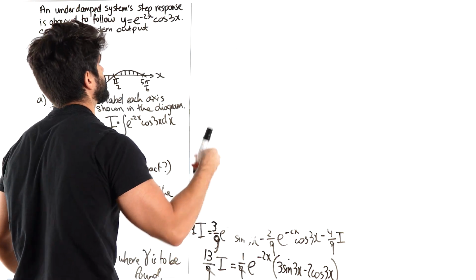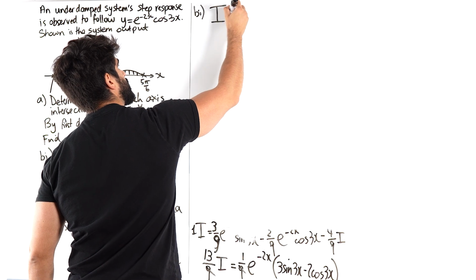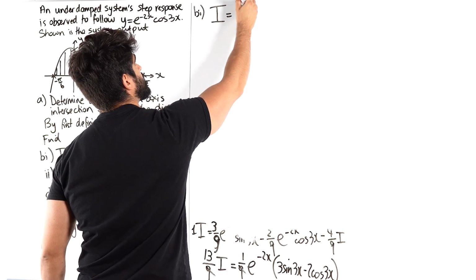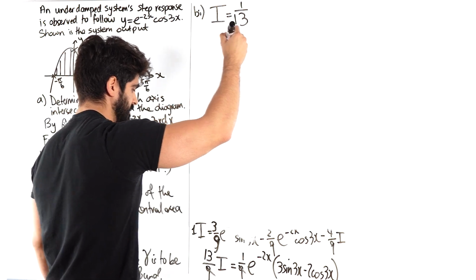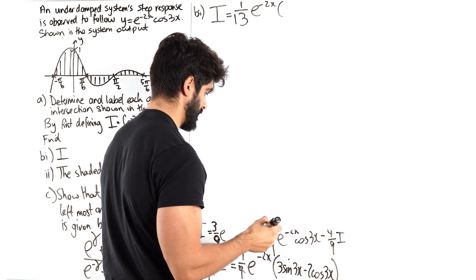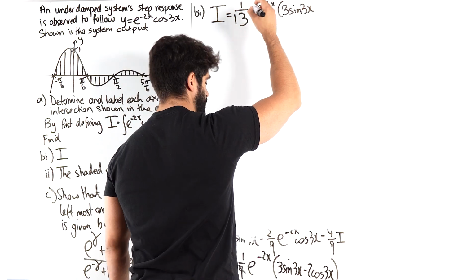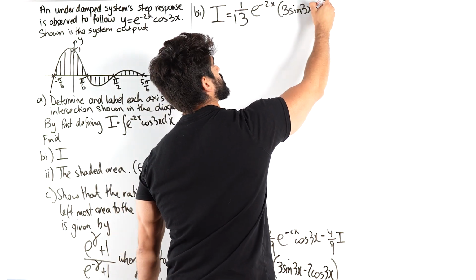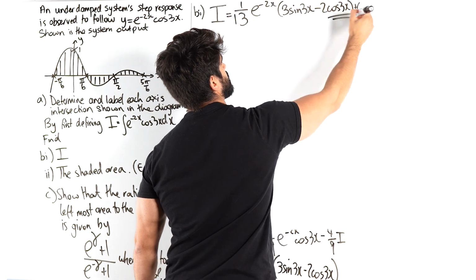So I is 1/13 e^(-2x) (3 sin 3x minus 2 cos 3x) plus c.